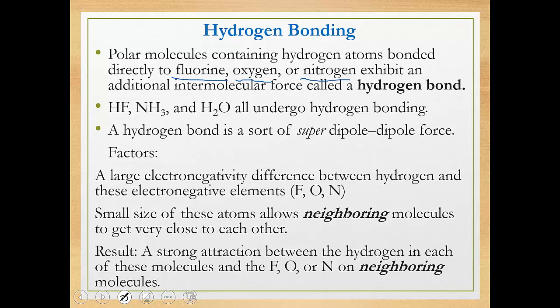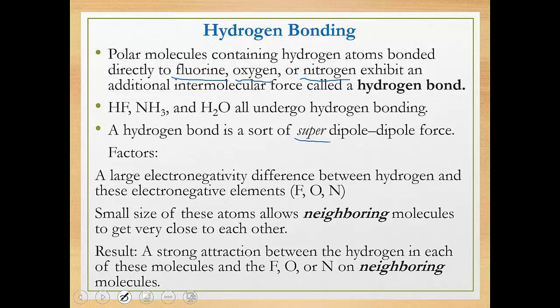When you have a hydrogen atom bonded directly to one of those three, fluorine, oxygen, or nitrogen, this will exhibit an additional intermolecular force called a hydrogen bond. A hydrogen bond is still a dipole-dipole force, but it's a special kind of dipole-dipole, sometimes called a super dipole-dipole force. It's just a very, very strong dipole-dipole interaction.